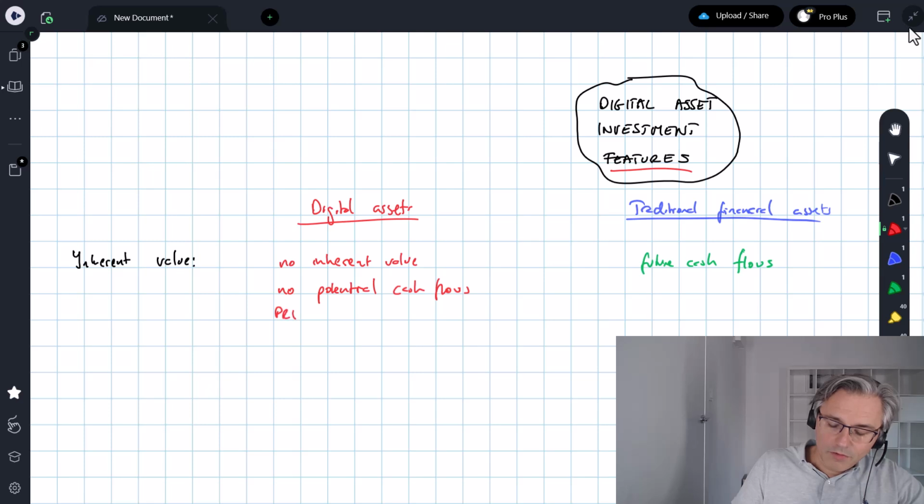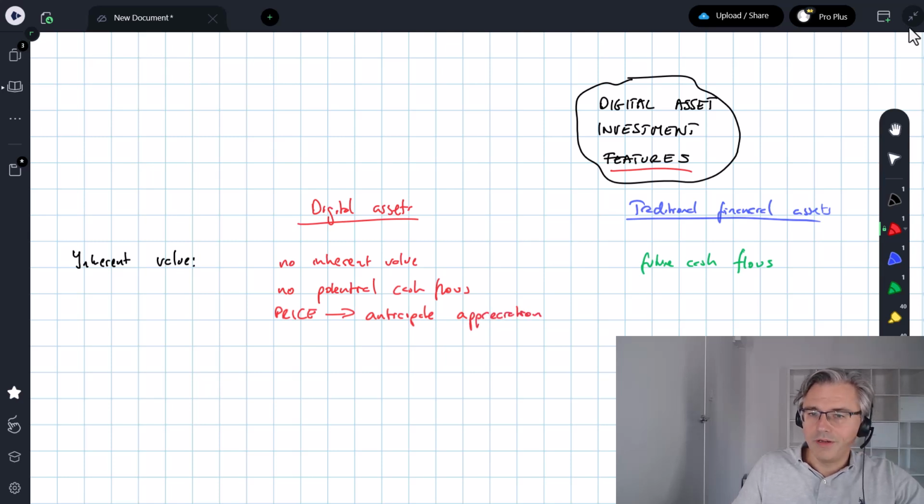So the reason why you pay a certain price for it is because you anticipate price appreciation. You think the price will go up, that's why you buy it today, but there is nothing fundamentally valuable about holding a unit of digital currency, for example.